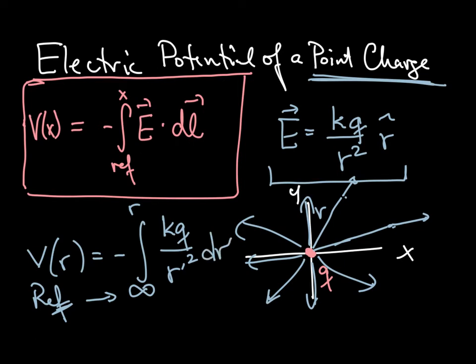I'm putting primes because this r is different from these r's, so I'm indicating that they're different with a little prime mark.